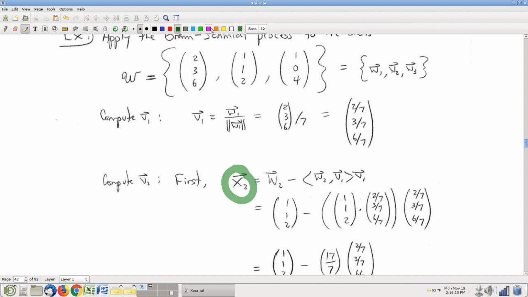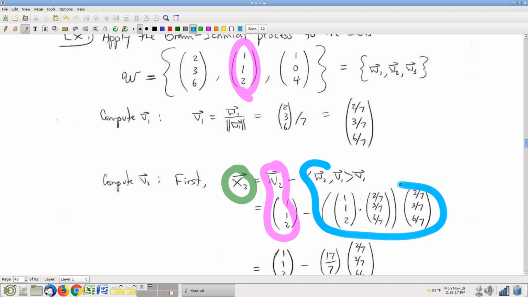To fix the direction of this second vector, you take that second vector and you subtract off the part you don't like. The part you don't like is in the direction of V1. Here's V1. We already fixed V1. There it is. It's in the direction of V1, and how much in the direction of V1? Well, look at the projection of W2 in the V1 direction. That's this dot product.